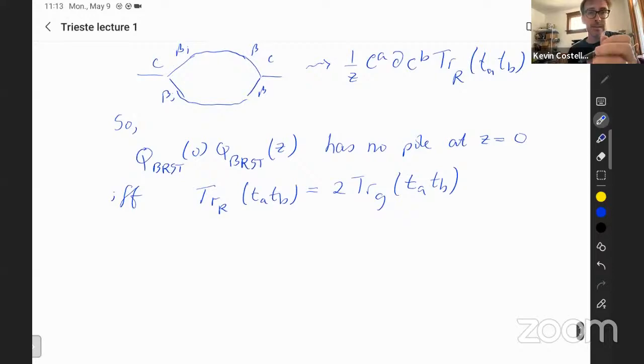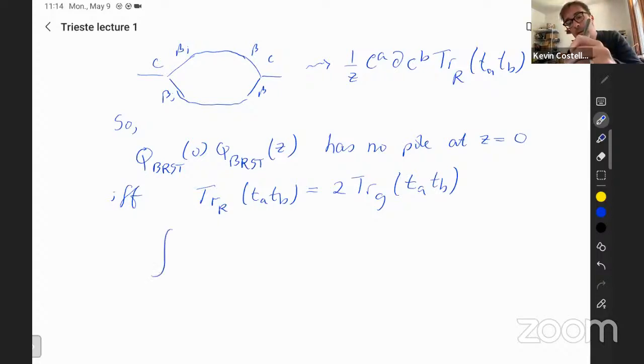And the final thing to ask, maybe I should have said this first: what does a pole in the OPE of the BRST operator with itself have to do with the BRST operator failing to be nilpotent?